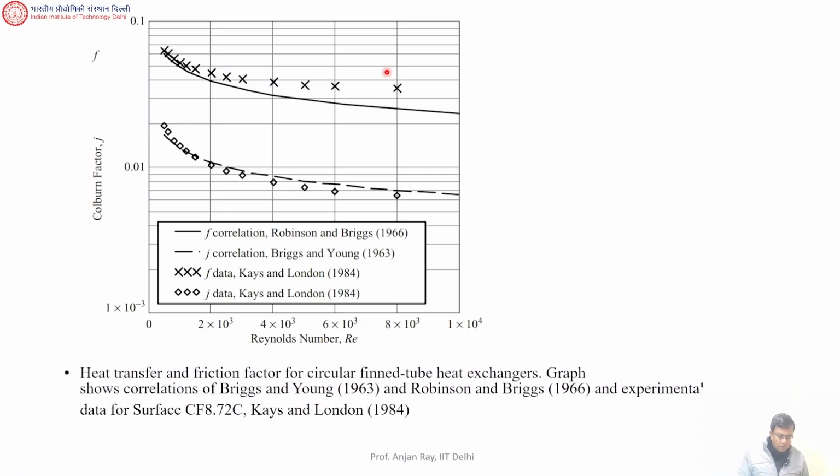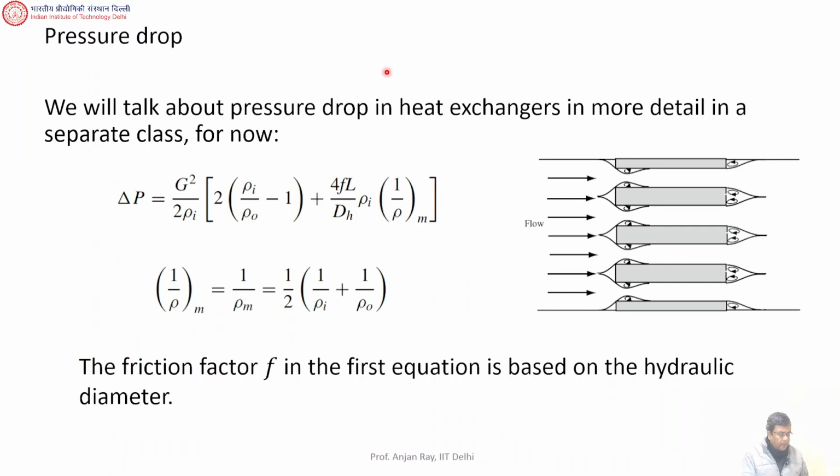So we got this, but what about pressure drop? Pressure drop is important. Why? Because we have seen in problems, you are typically asked to get some heat transfer, but you are also asked to contain the pressure drop, that the pressure drop should be less than this much.